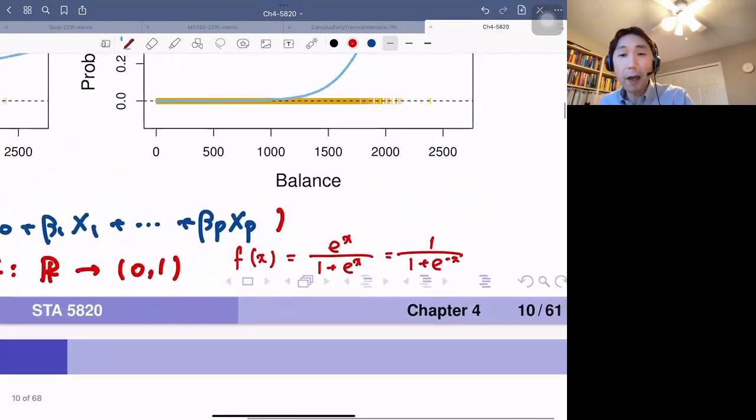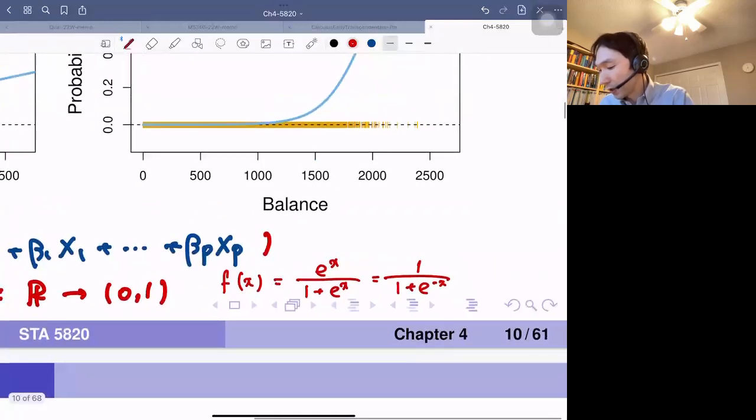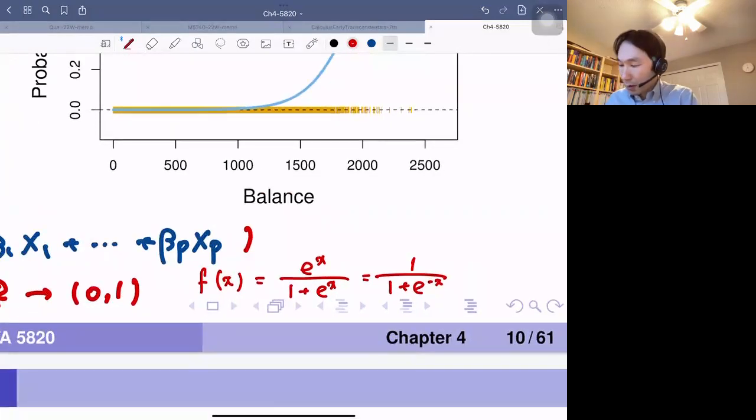That means if x is very small, such as negative 100, f of x is almost 0. And if x is really large, for example 100, then this is almost e to the power x over e to the power x, so f of x approaches 1.